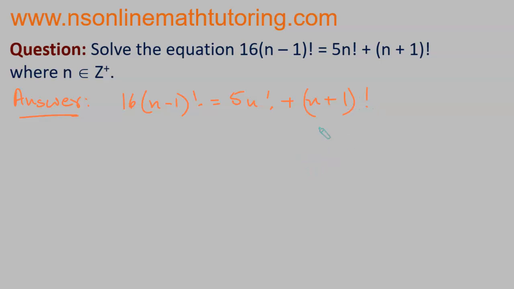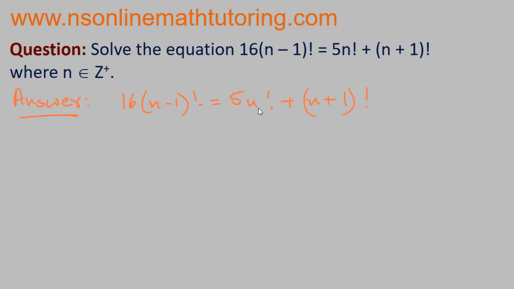Okay? And as I have said before, if you have different numbers' factorials, you have to express the larger number's factorial in terms of the smaller number's factorial. Between these n minus 1, n and n plus 1, n minus 1 is the smallest number.